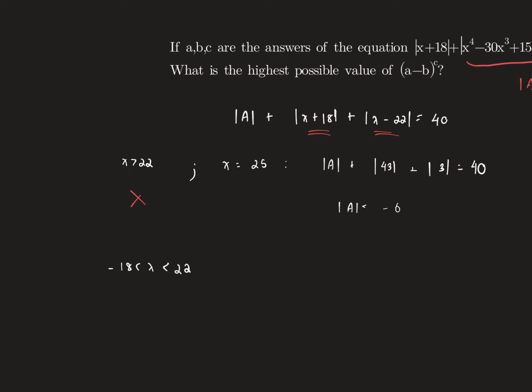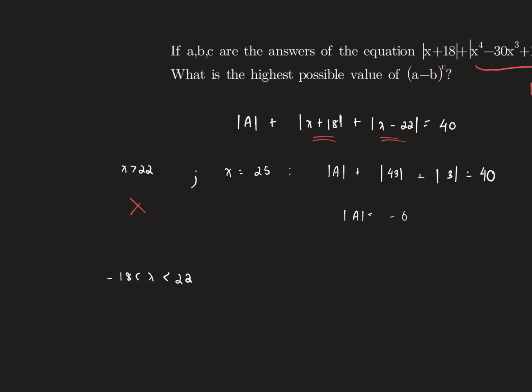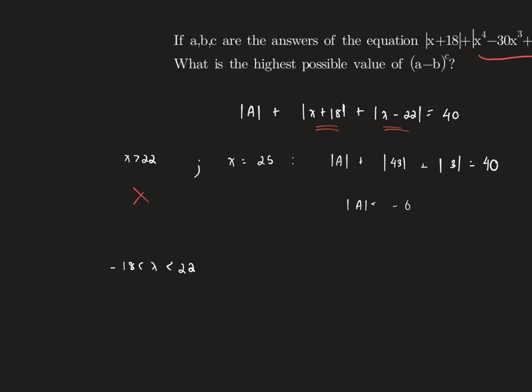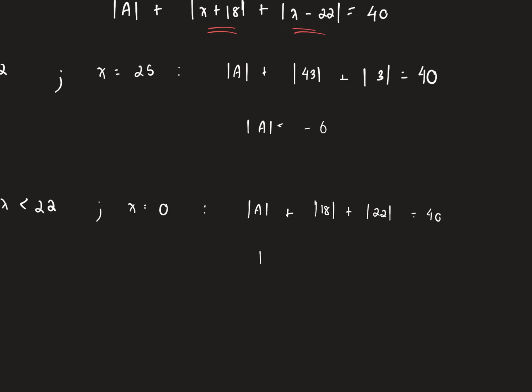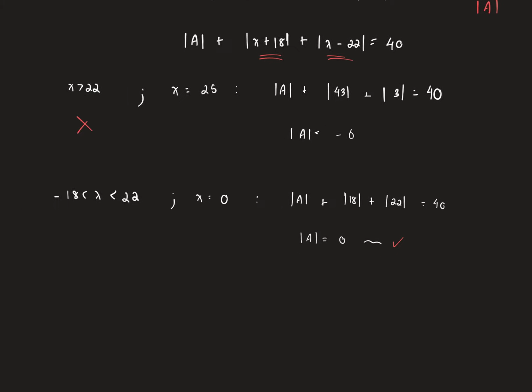So here, if x is more than negative 18 but less than 22, for example, let's say x equals 0. If we plug in x as 0, we'll get absolute a plus absolute of 0 plus 18 is 18, plus absolute of 0 minus 22 is 22 equals 40. In this case, we'll get absolute a equals 0, which is still possible since an absolute value can also be 0.